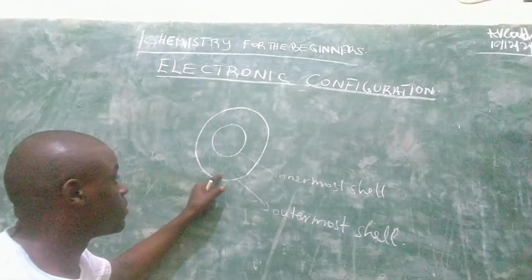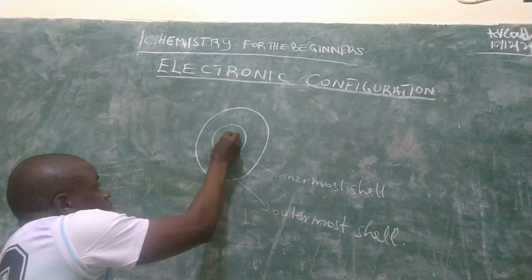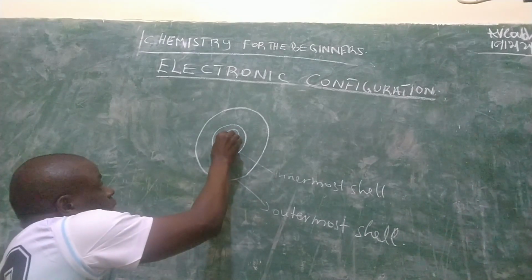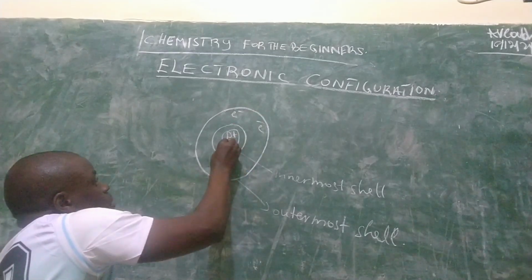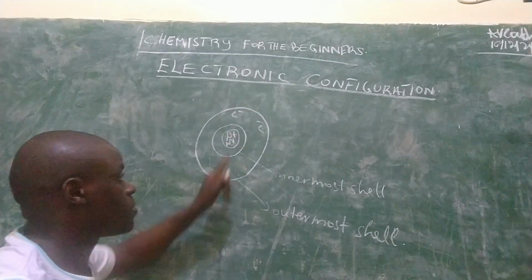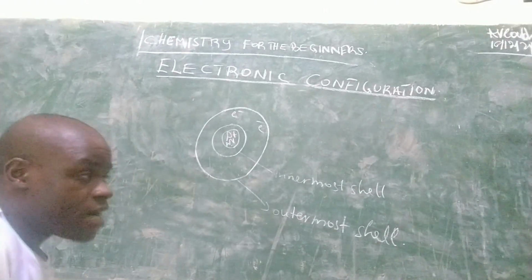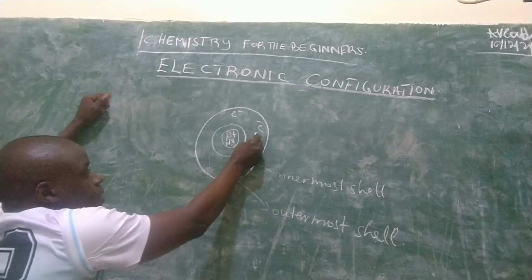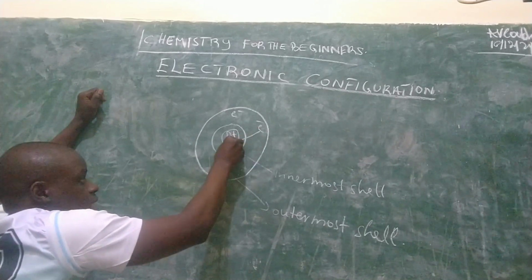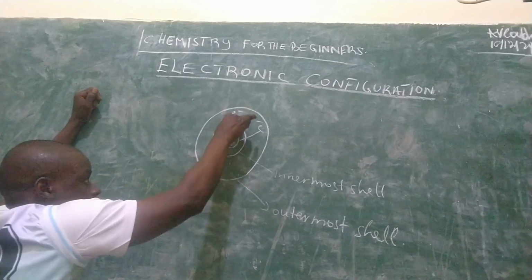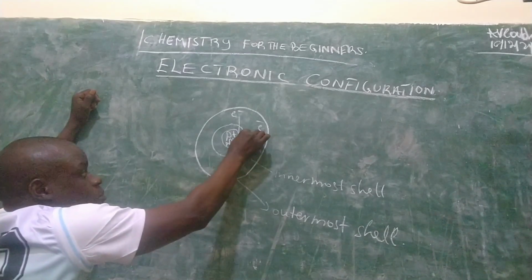Shells are the energy levels. Let me borrow the nucleus here, with protons and neutrons. Here they are positive, and here they are electrons. We can ignore neutrons because they have no charge. Here there is an attractive force. If an electron is here, it can move to be attracted here. If an electron meets another electron, they repel.